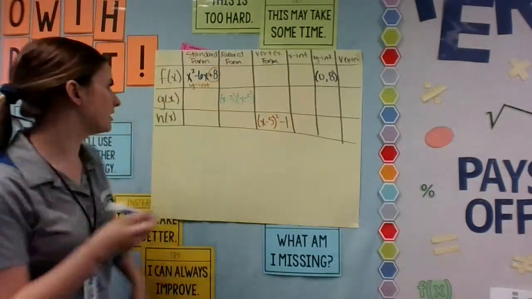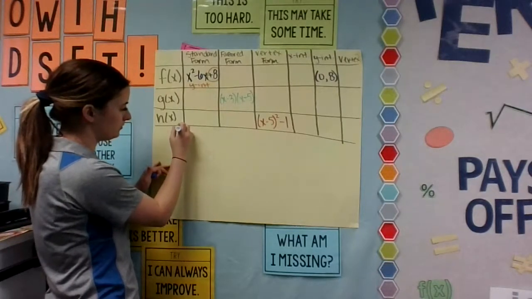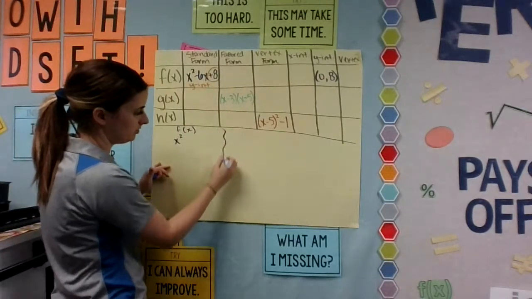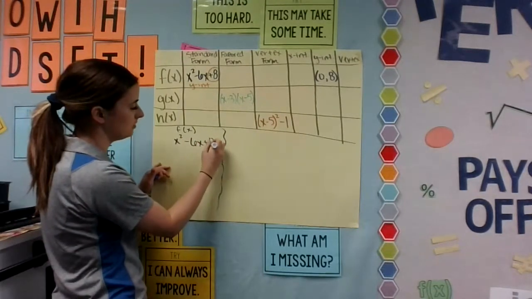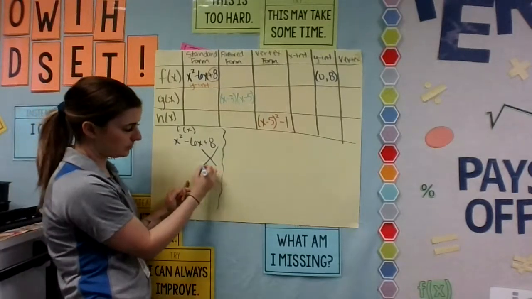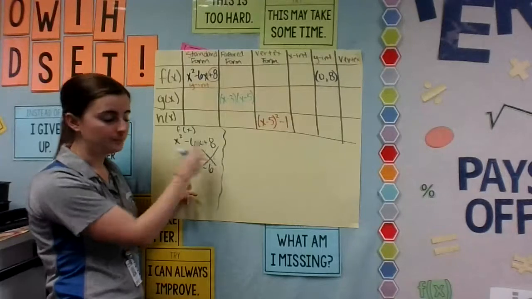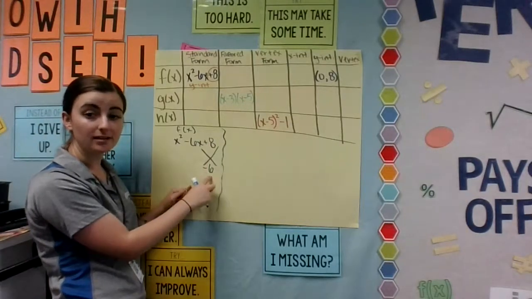Now, if I wanted to factor it, I need to set it up as x squared. So I'll do all of f of x work right here. X squared minus 6x plus 8. And I would just put my little x underneath there because I know negative 6 needs to go underneath the positive 8. So I have to think of two numbers that multiply to positive 8 but add to negative 6.